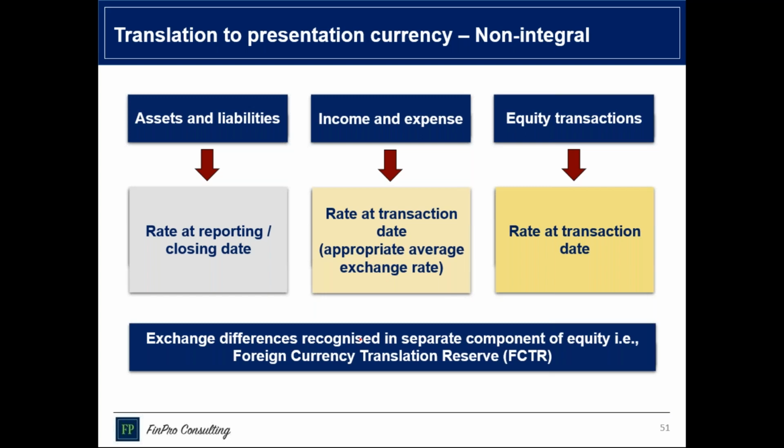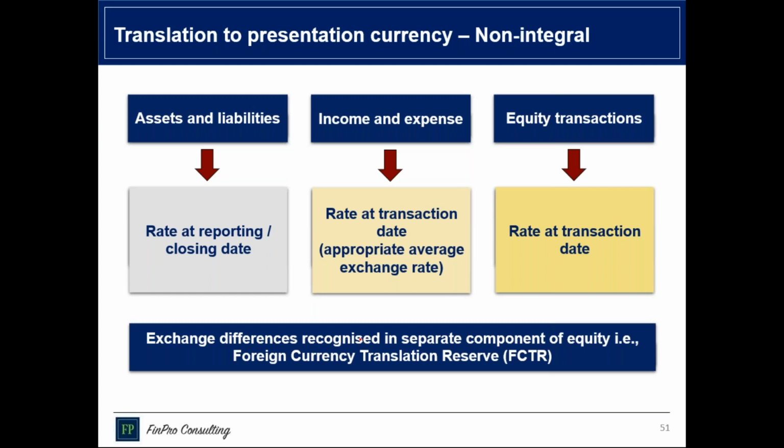All your assets and liabilities, including your goodwill, capital reserve, etc., would be converted into your reporting currency at the closing date or the reporting date. So if you are preparing your financial statements for 31st March closing, it will be the 31st March rate. All assets and liabilities, irrespective of whether they are monetary or non-monetary.